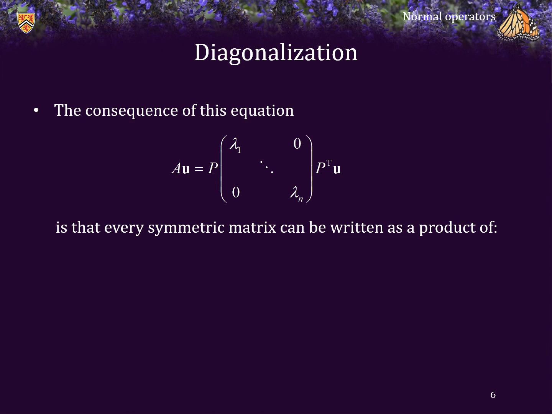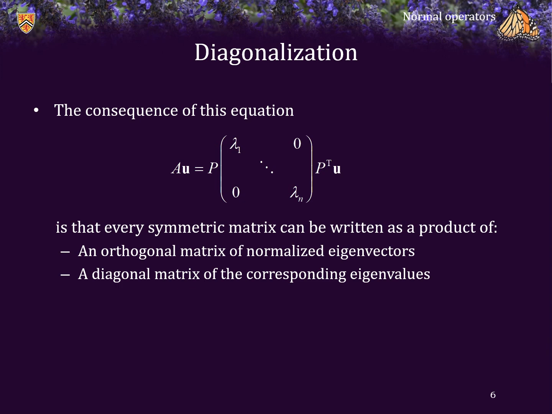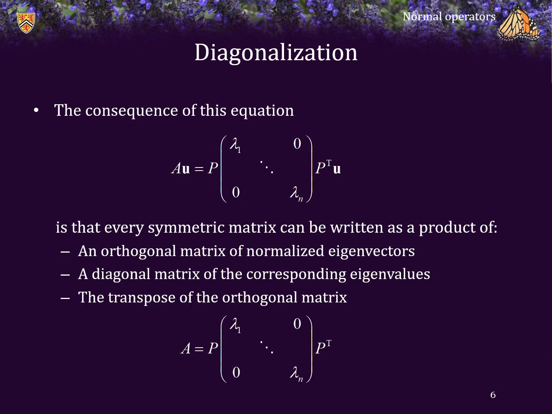So a consequence of this equation being true for every vector u is that every symmetric matrix can be written as the product of an orthogonal matrix of normalized eigenvectors, a diagonal matrix of the corresponding eigenvalues, and the transpose of that orthogonal matrix.